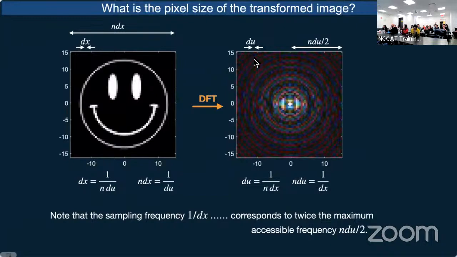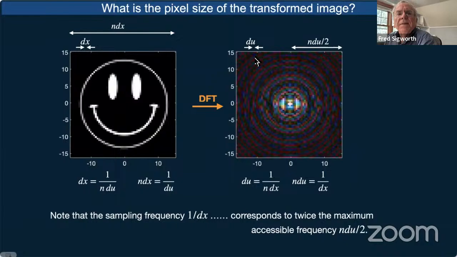So the question is, what is the size of a pixel here, and what does that tell us about the resolution? So the size of a pixel du is equal to 1 over N dx. That is, the size of a pixel here corresponds to the entire width of the original object.